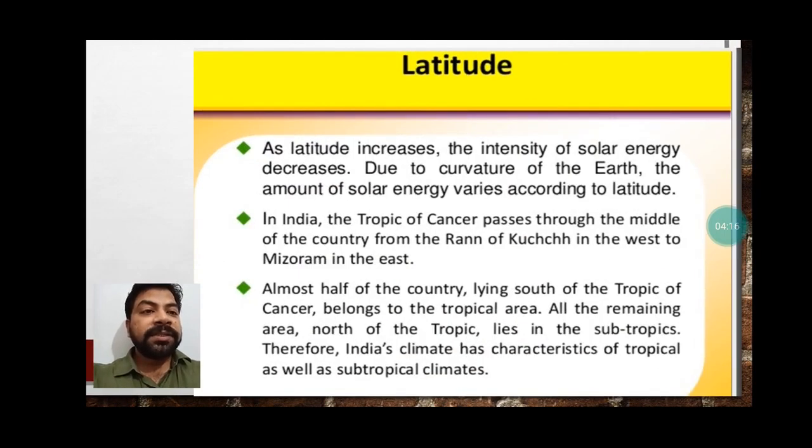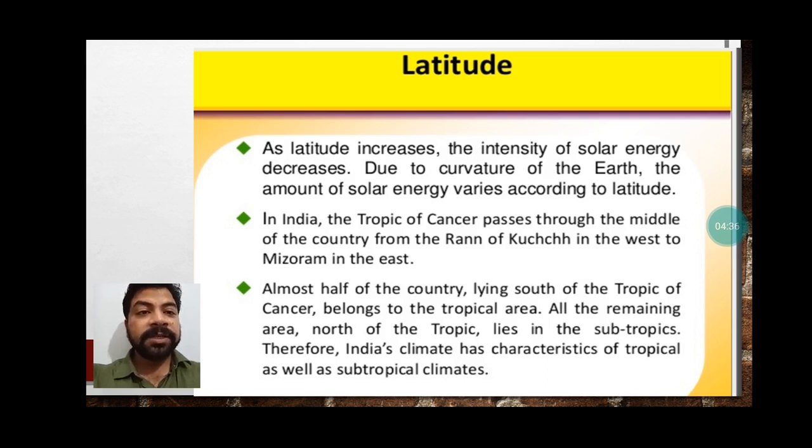As latitude increases, the intensity of solar energy decreases. Obviously the reason is that when we climb up or go in the downward direction, on both sides the earth starts receiving the slanting rays of the sun.